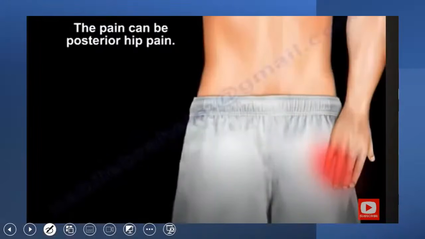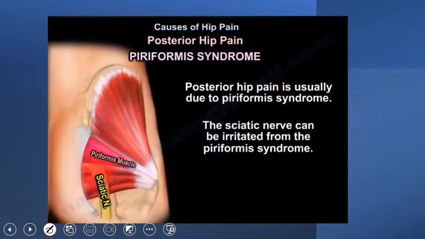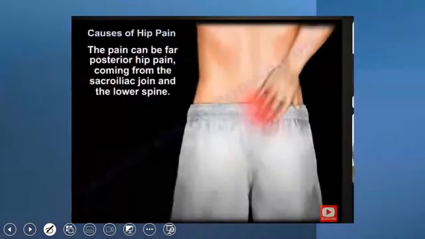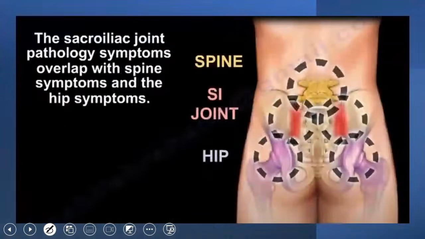The pain can be a little bit posterior, like coming from the piriformis syndrome, or it can be far posterior, coming from the SI joint. Now you don't know if it's buttock pain, hip pain, SI joint pain, or spine pain. They all overlap.